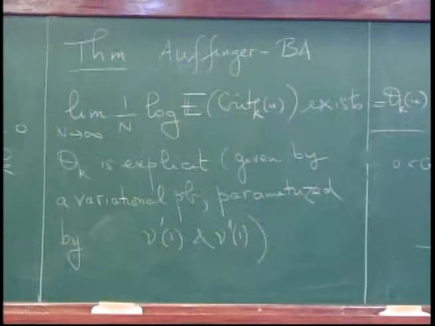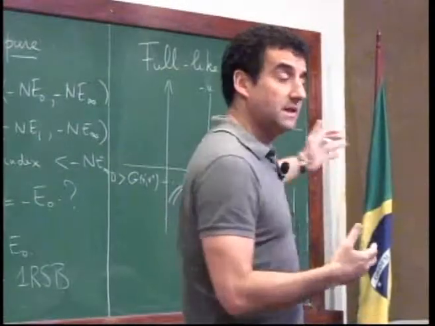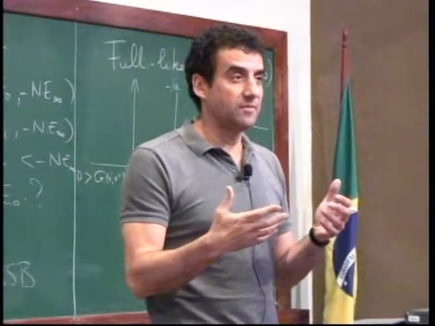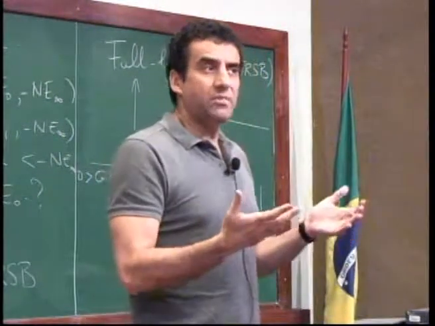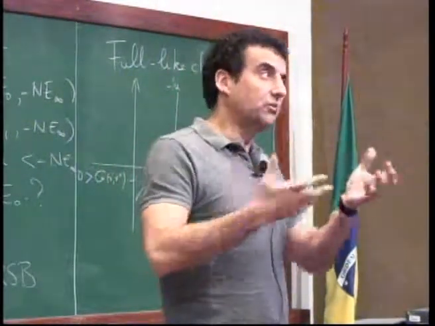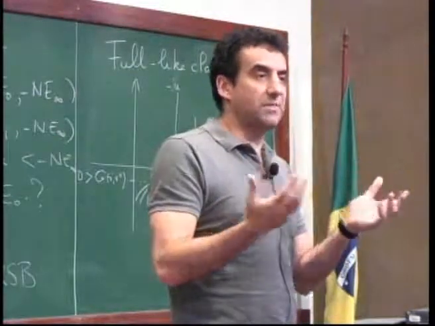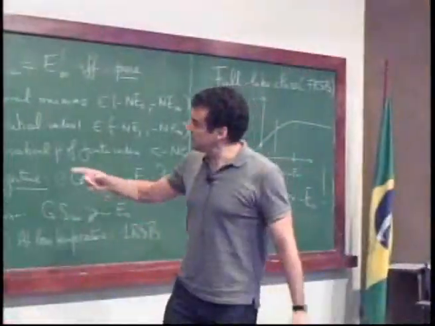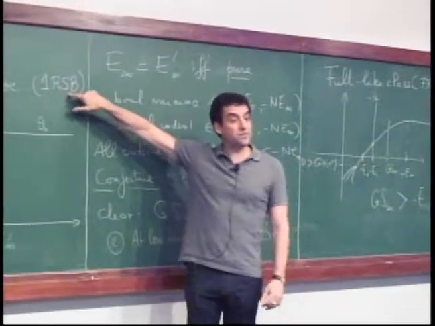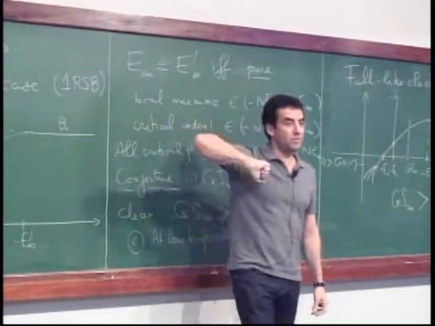So it means that if I had taken two different nus, two different sets of beta p's, two models which have the same nu prime of 1 and nu second of 1, then they have the same complexity picture. That may sound bizarre, because a priori nu plays a big role. But it's not bizarre here if you believe that you have one RSB, because now we can count the parameters.